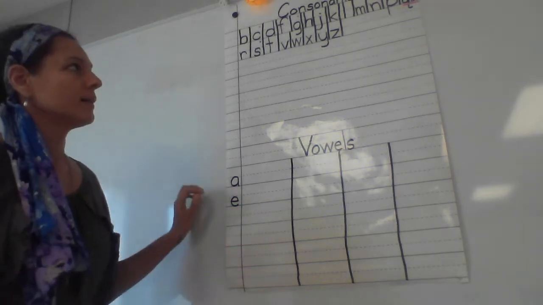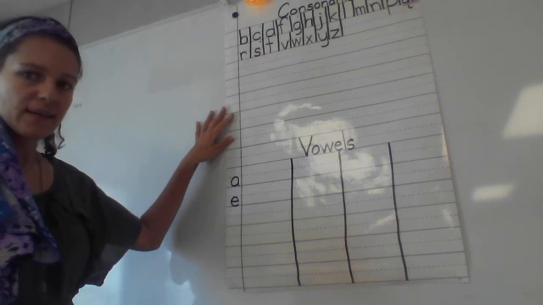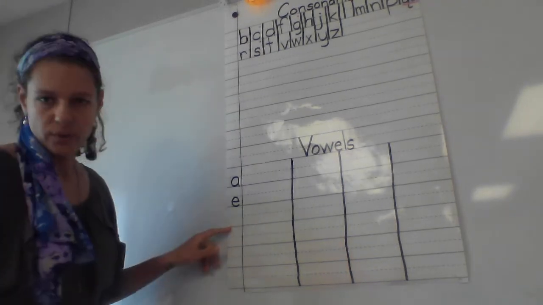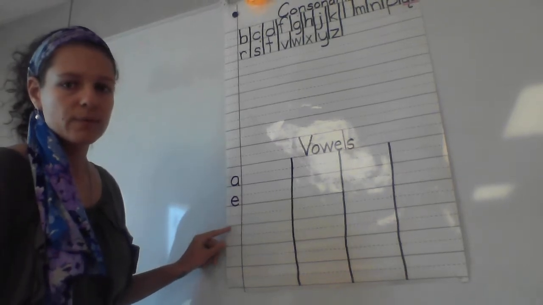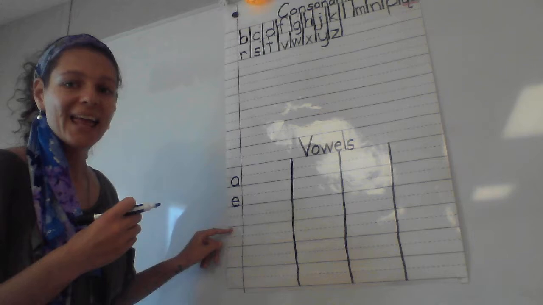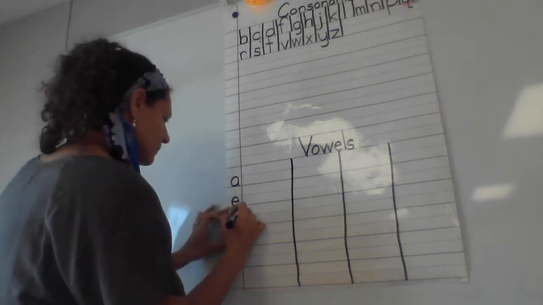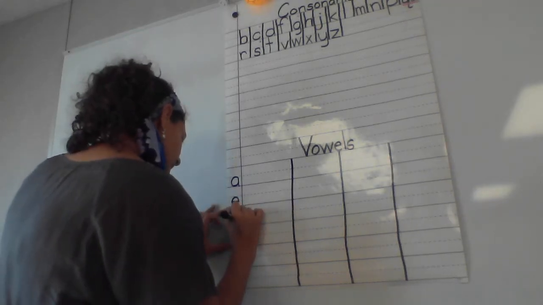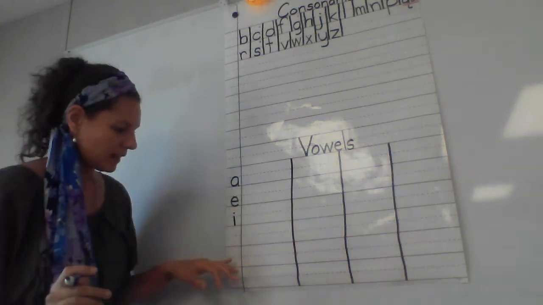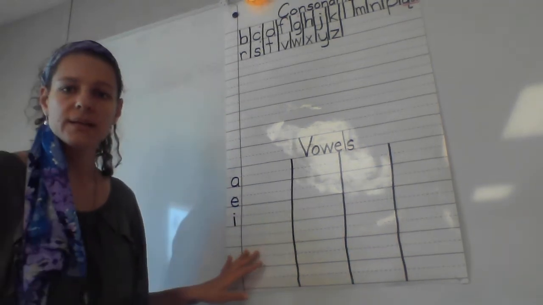Okay, let's see, what was the next letter that we said was not a consonant when we were going through it, where nothing was blocking it? And it was i, ie. So we'll put that one, i, ie, right down here.